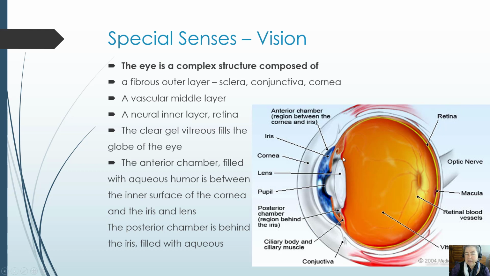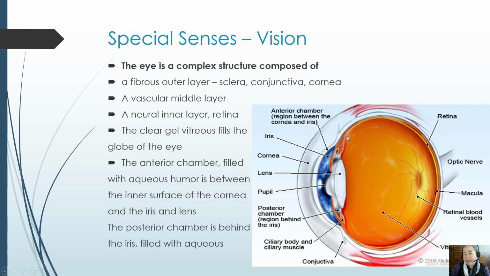There is a clear lens, which is quite flexible in youth, becomes less flexible in age, and which assists the cornea in focusing light on the retina. We'll talk a little bit more about the iris and the ciliary body and the ciliary muscle as we move through this lecture.